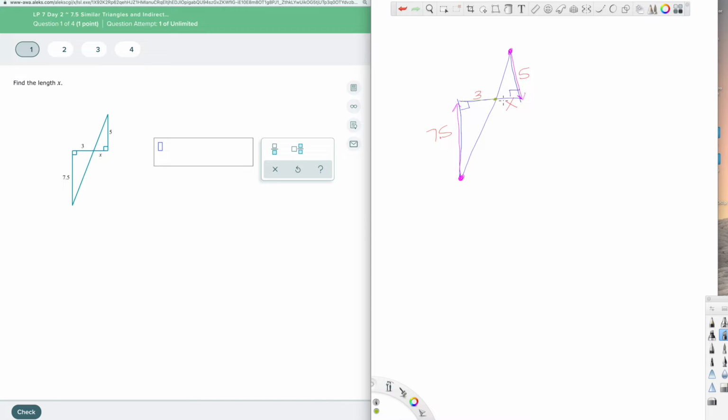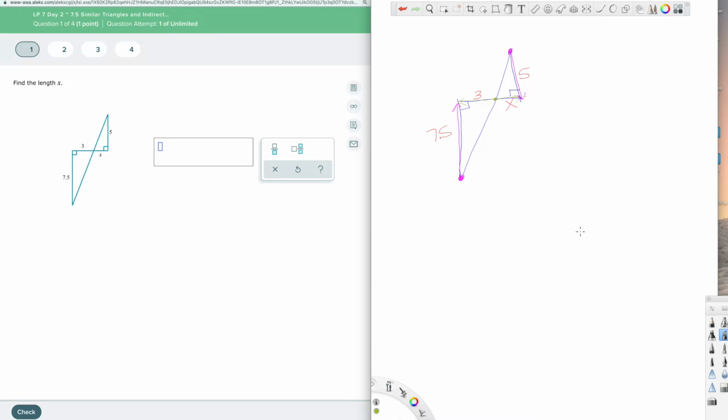Either way, it's not a big deal. So these two are corresponding because they're doing the same thing: middle to the right angle, middle to the right angle. Or if I read it the other way, right angle to the middle, right angle to the middle. Either way, as long as I describe it the same way.